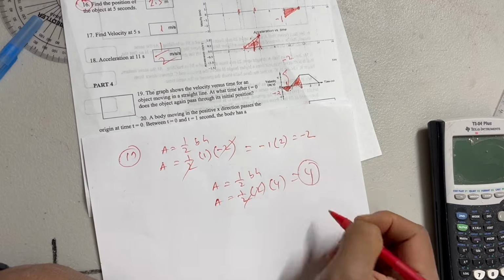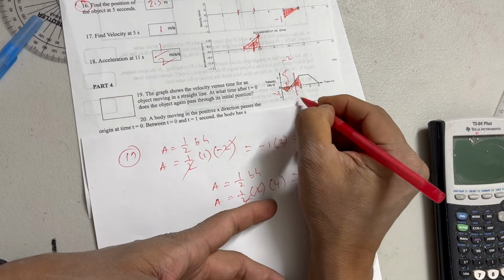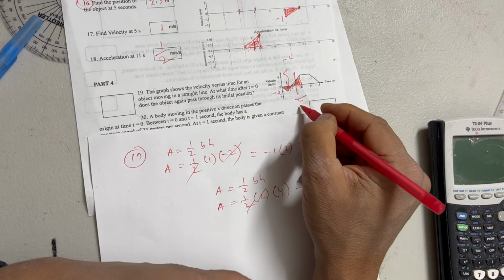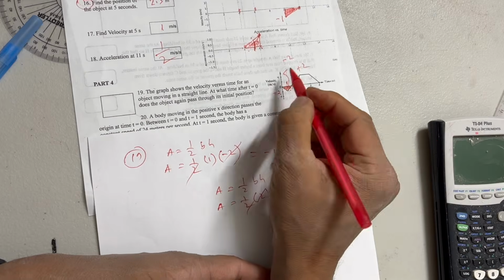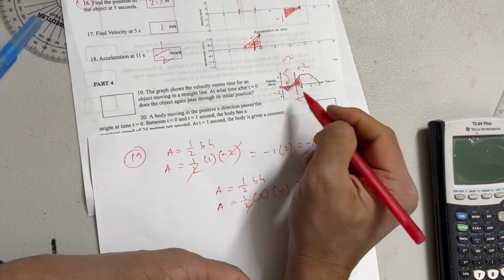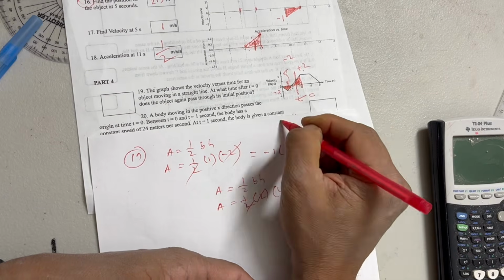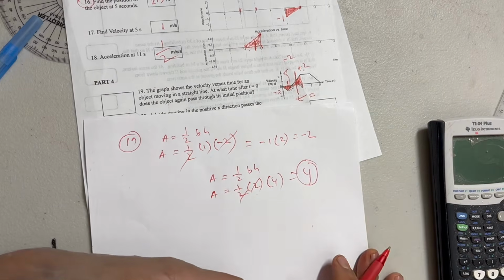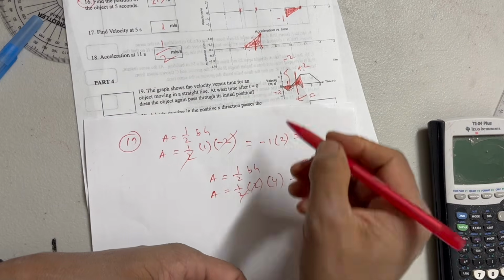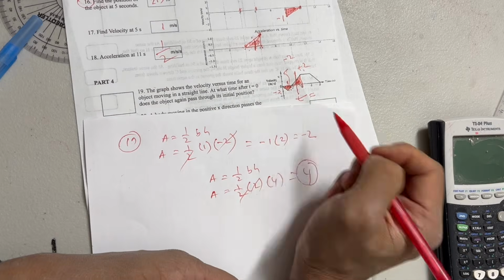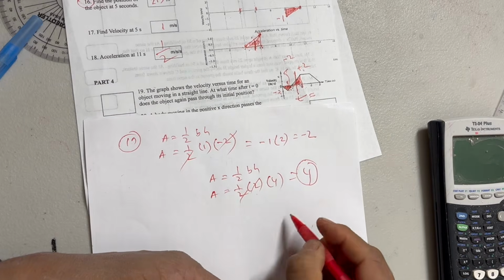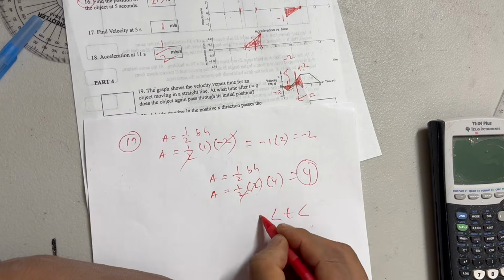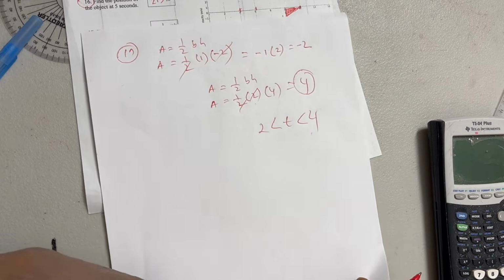This is 4, double. So there exists a T over here where the area is plus 2. So plus 2 minus 2 is 0. So at that T, the object is back to origin. Now let's see what is that T. That T must be any value between 2 to 4. Okay, let's find that T.